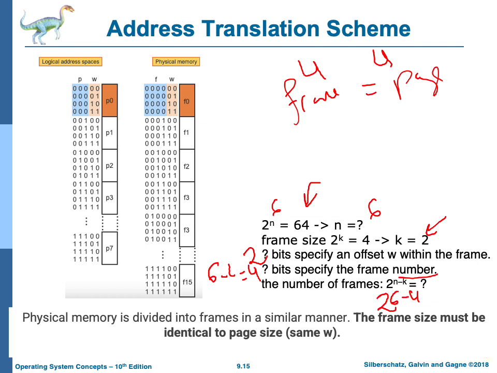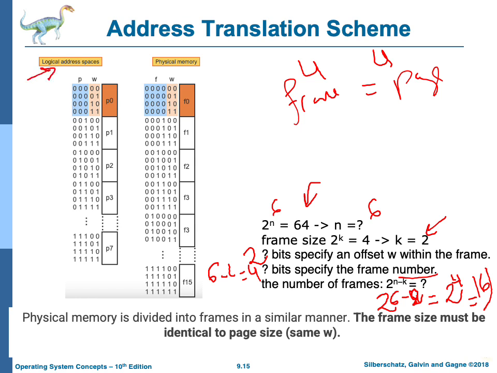N is 6 and K is 4. So we're going to have 2, 2, so K here is 2, the offset, okay, and then 6 minus 2, so 2, 2, 4, which is 16. So we're going to end up with 16 frames in the physical memory, right?